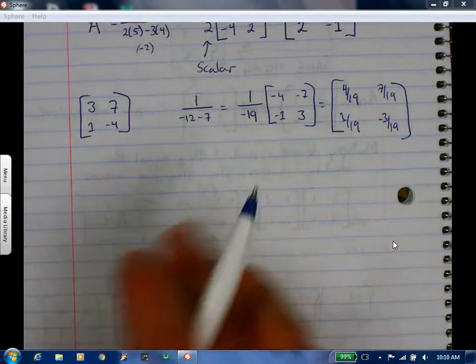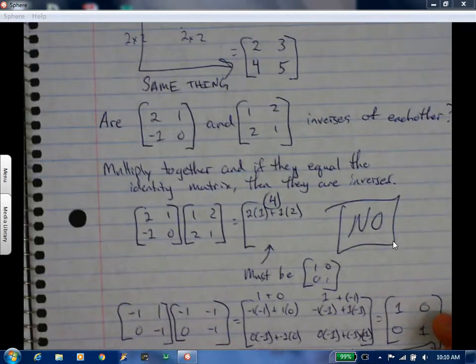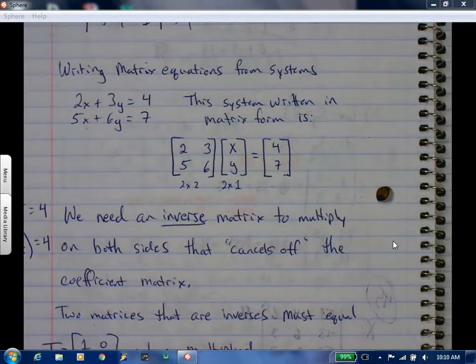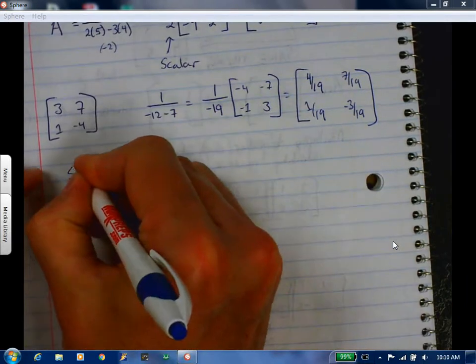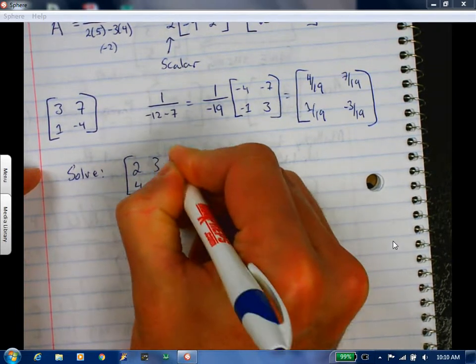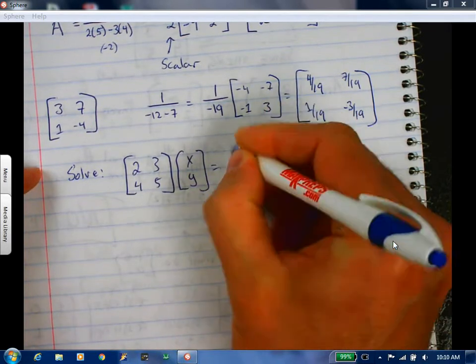Okay. Let's go back to our original question now. We had this matrix, and I made up these numbers. It's going to be probably a little ugly, but we'll see how it goes. So we had to solve 2, 3, 4, 5 times x, y, and that equaled 6, 7.